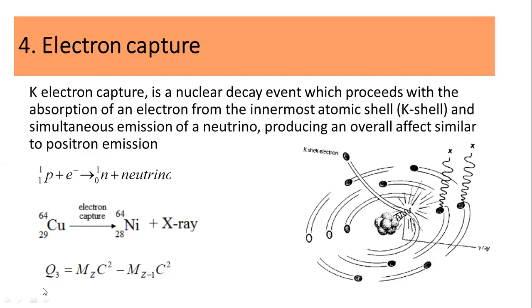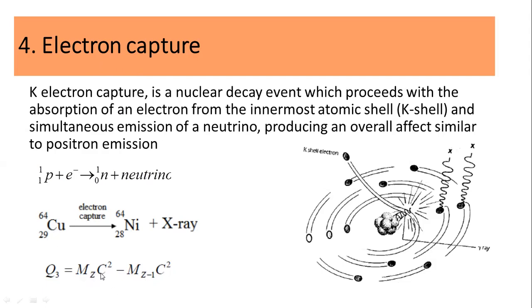As we calculated the energy release during the decay processes, you can also calculate the energy release during electron capture, and this is a very simple formula again. The parent has a mass of Z, and the daughter has an atomic number one less than the parent.